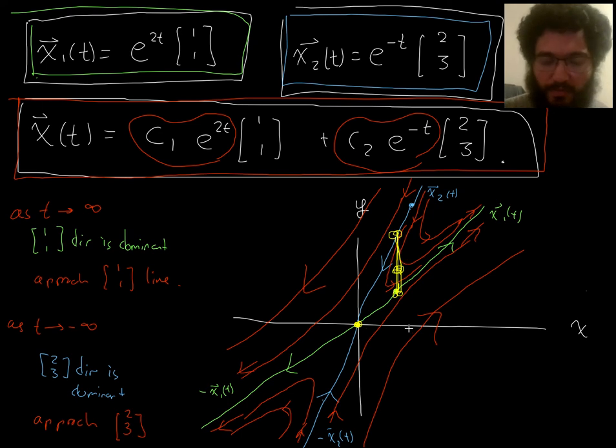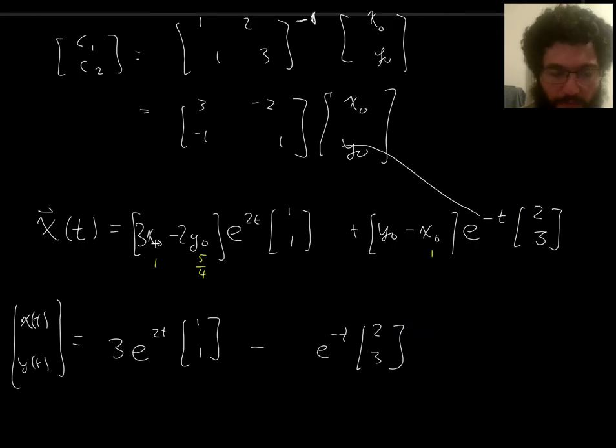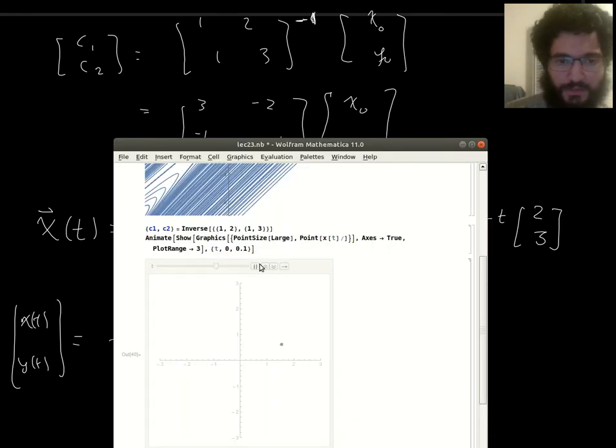How about 1 over and 5/4 up? So then I'm putting in 1 for x naught and 5/4 for y naught. Actually, I'm just going to type in this for C1 and C2 and fix them in this line.